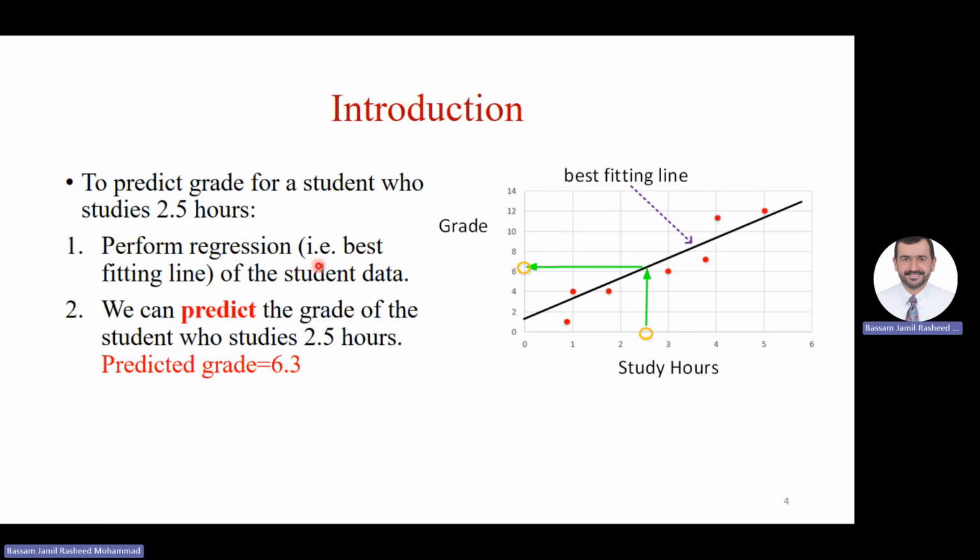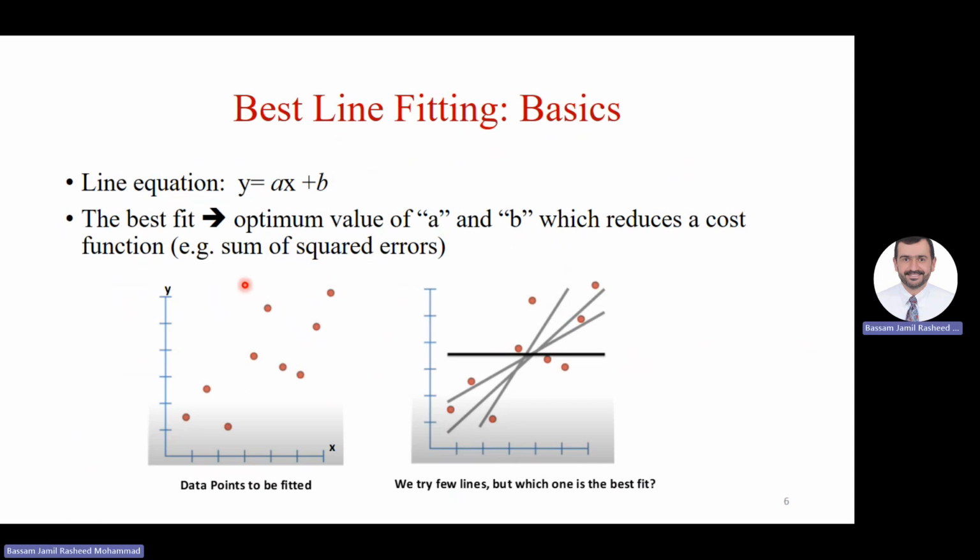Okay, so when we find the best line fitting, a simple linear equation says that y, the dependent variable, equals a, which is the slope, times x, which is the independent variable, plus b, which is the intercept.